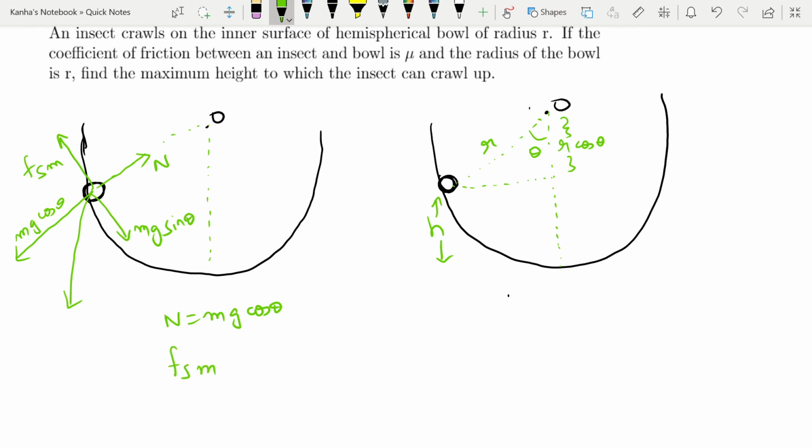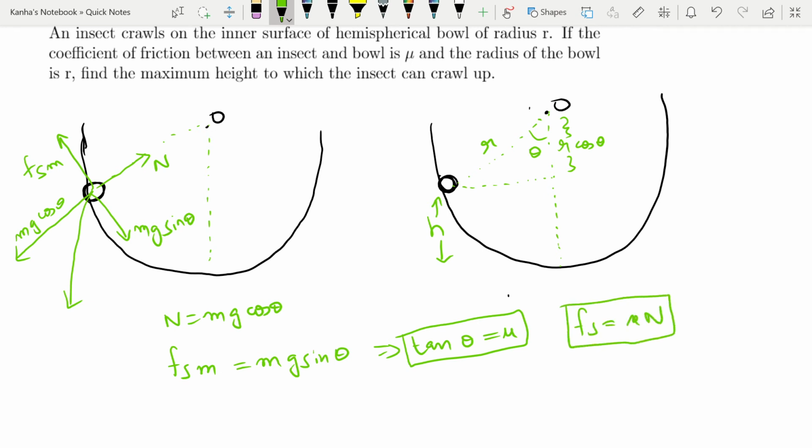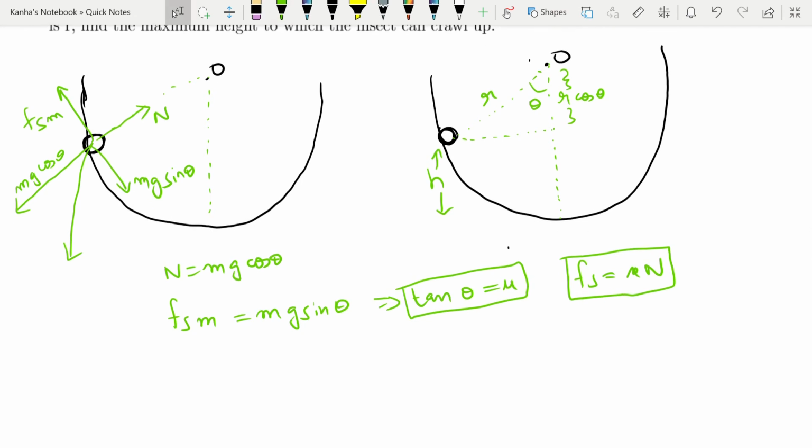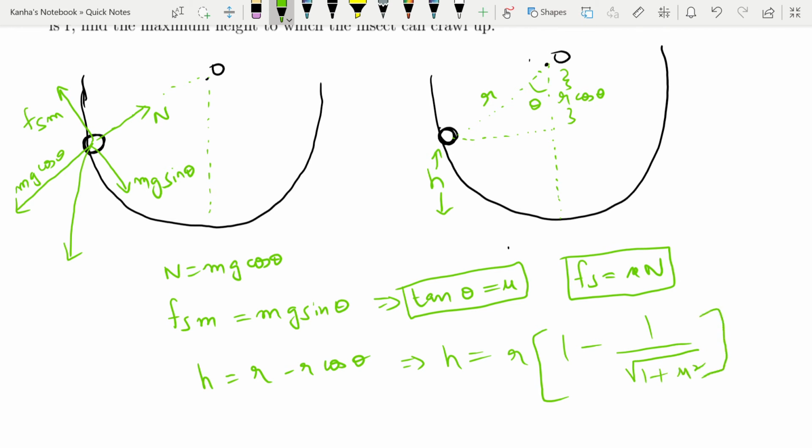So let F_SM, frictional force, static maximum, is equal to mg sine theta, which says that tan theta is equal to mu, because F_SM is equal to mu times N. Now we already know that h is equal to r minus r cos theta. That implies you will get h is equal to r into 1 minus 1 by root 1 plus mu square.